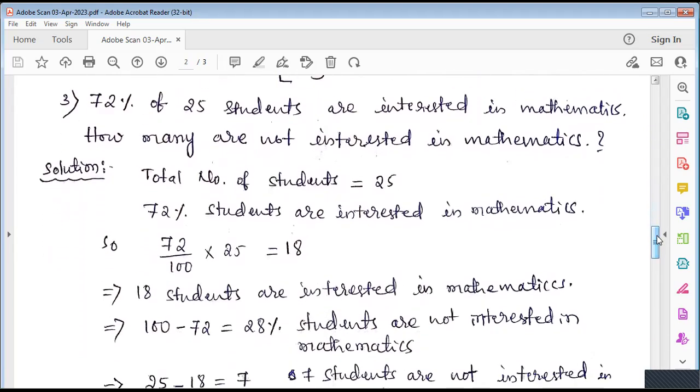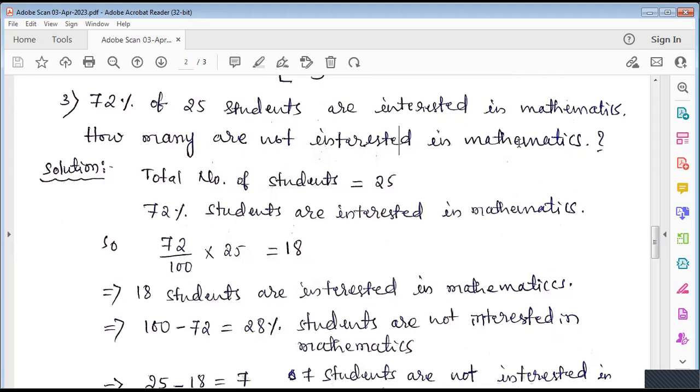Third problem of this exercise is like this. 72% of 25 students are interested in mathematics. How many are not interested in mathematics?